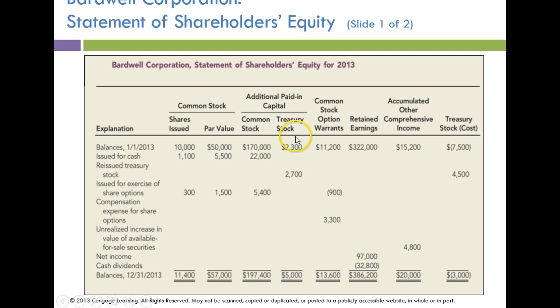Did you guys talk about treasury stock at all? Treasury stock is that stock that the company purchases back from the public. Why would a company want to do that? To keep from getting taken over. So they're basically tightening up on certain financing purposes.